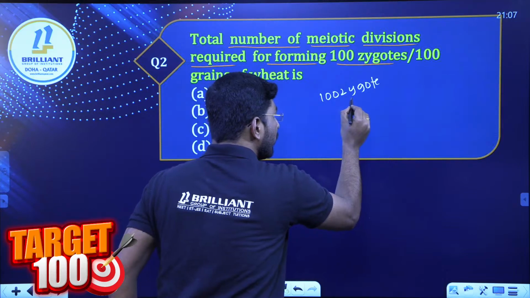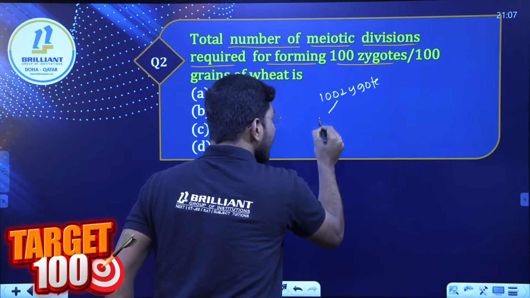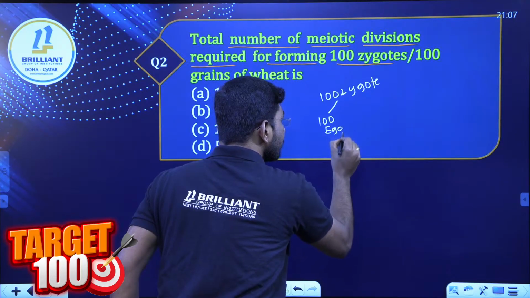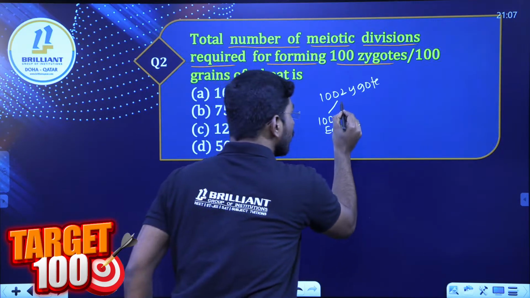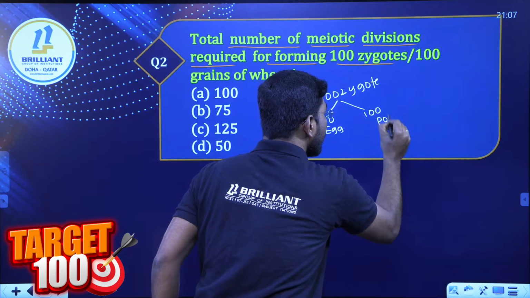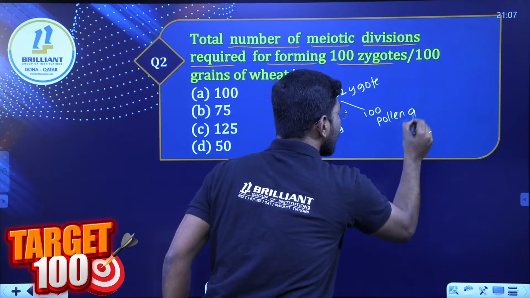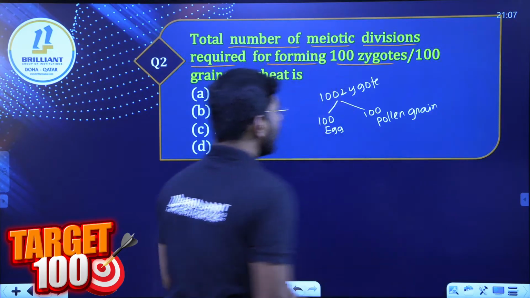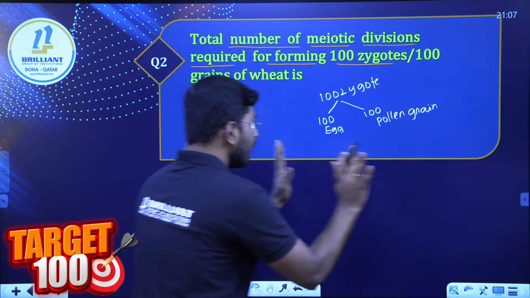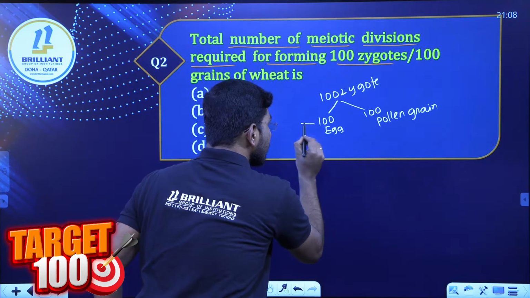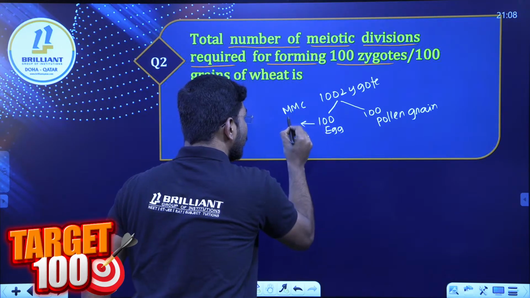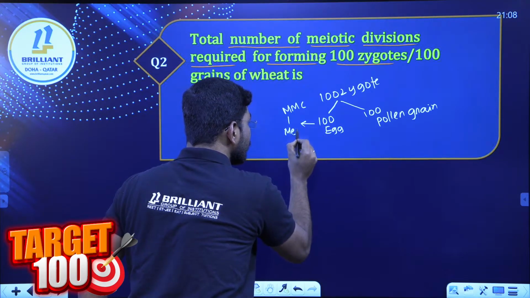For the formation of 100 zygotes, we need 100 female gametes called eggs. Next, we need 100 pollen grains. Can you tell me the answer? For the eggs, every megaspore mother cell undergoes meiosis division.